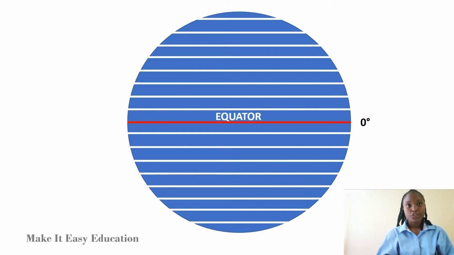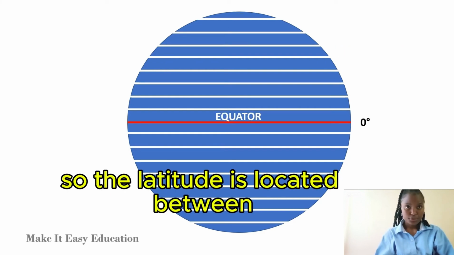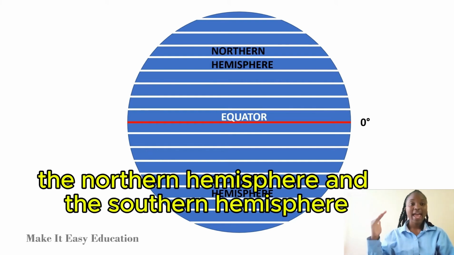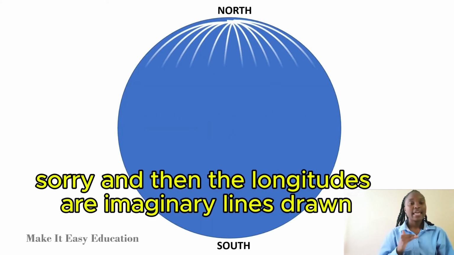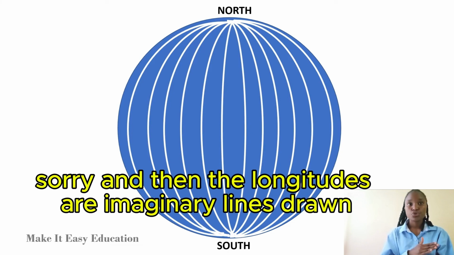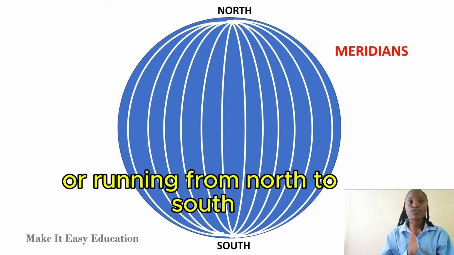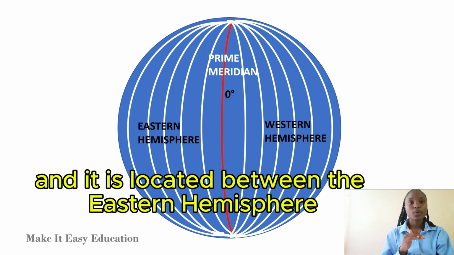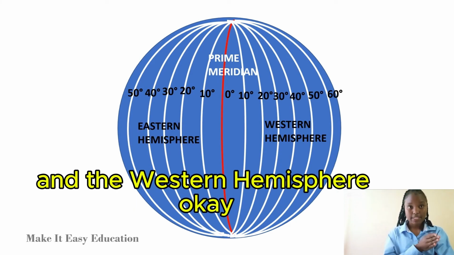The latitude is located between the northern hemisphere and the southern hemisphere. And then the longitudes are imaginary lines running from north to south, and it is located between the eastern hemisphere and the western hemisphere.